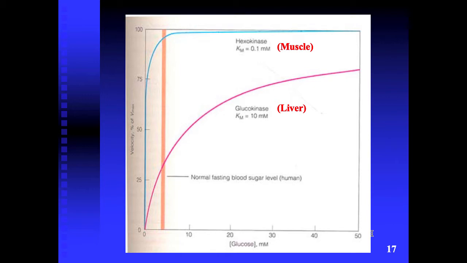I'm going to set up a reaction, and I'm going to do kinetics on an enzyme, and I'm going to say, most of the things in this reaction tube are constant. The thing that changes is substrate concentration.